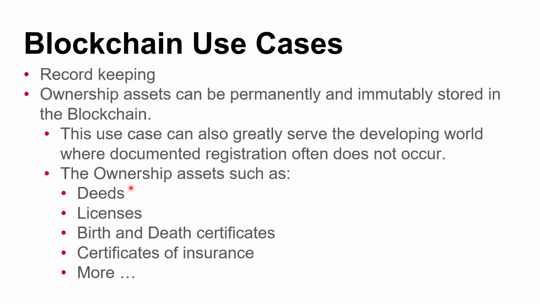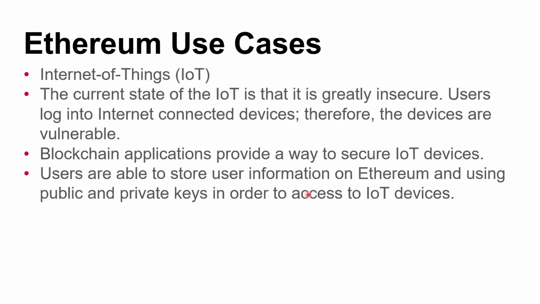There are several examples around the world where one part of a village has a deed for a home, and the residents of those villages that have a deed are more prosperous than the sections of the village where the residents do not have deeds to their home. And blockchain can very efficiently and easily provide that record keeping to make the populations more prosperous.